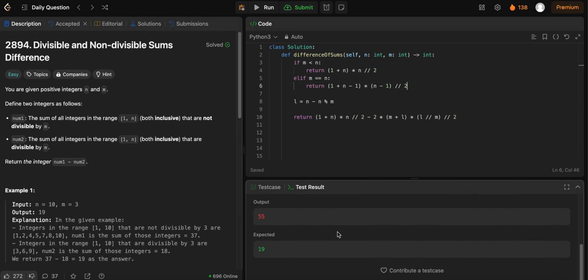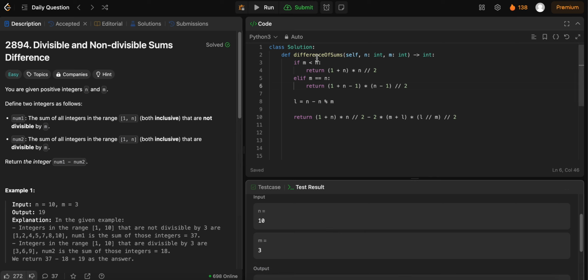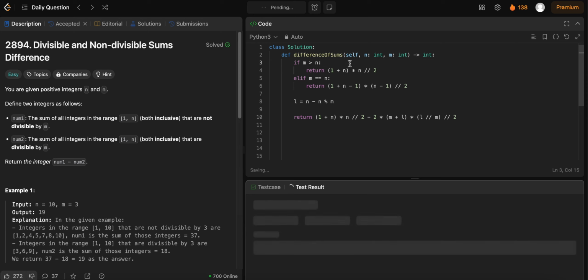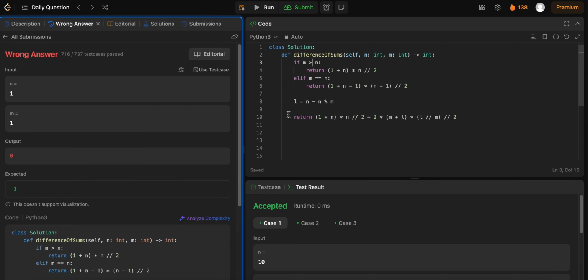We have some bugs to fix. Okay, let's see if we have any bugs. Oh, we do. Expected is -1.